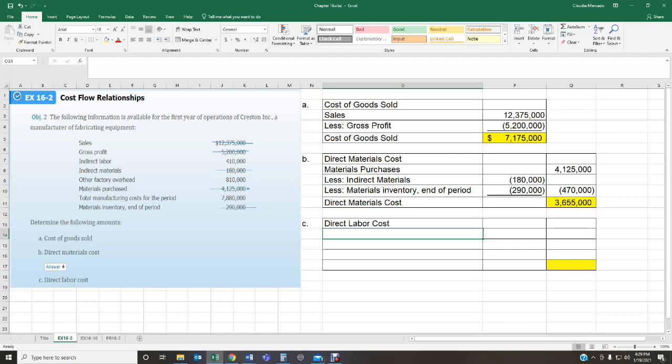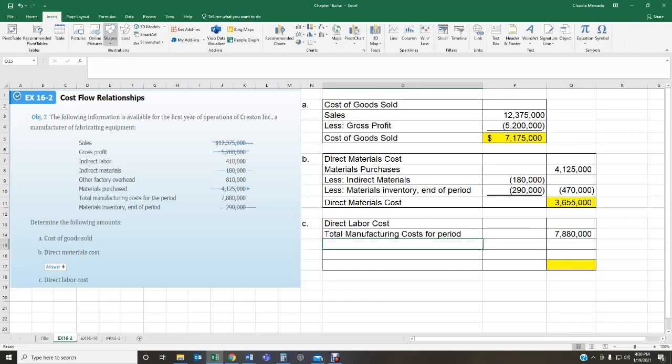And then we have our total manufacturing cost for the period. So this represents how much you spent in manufacturing during the period. Well, let's start off with that. I've got my total manufacturing cost, and my total manufacturing cost was $7,880,000. Now I know that I spent $3,655,000 in materials.